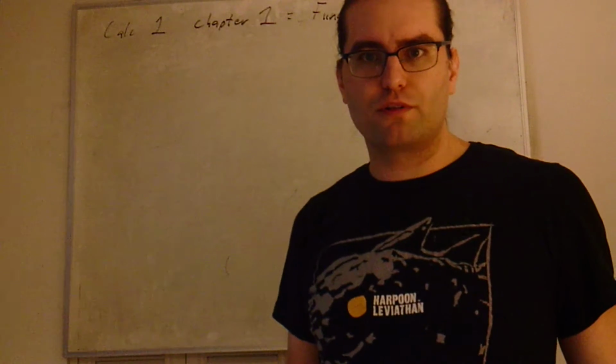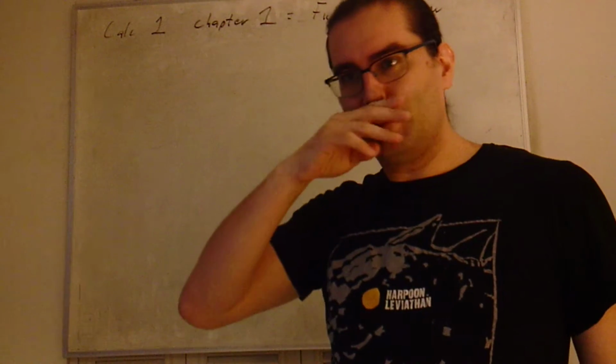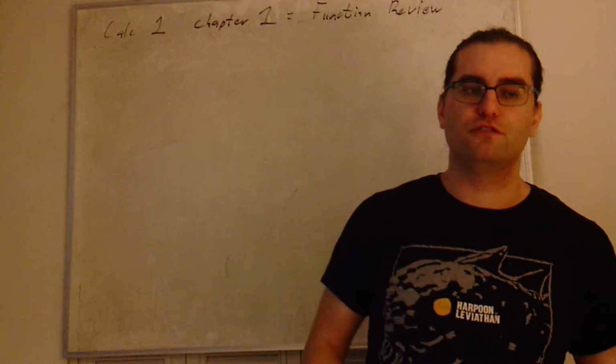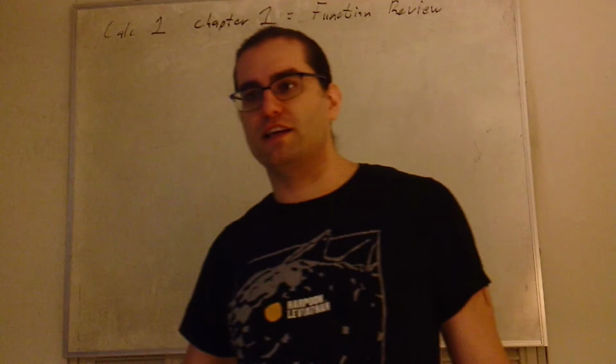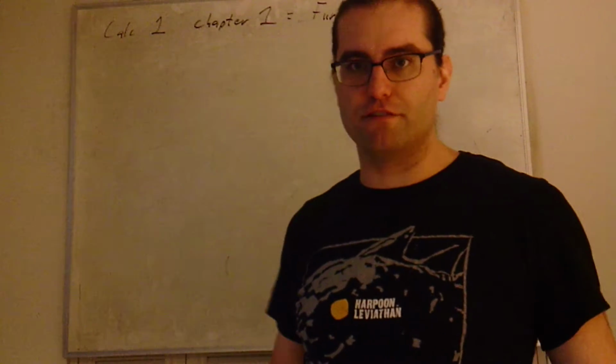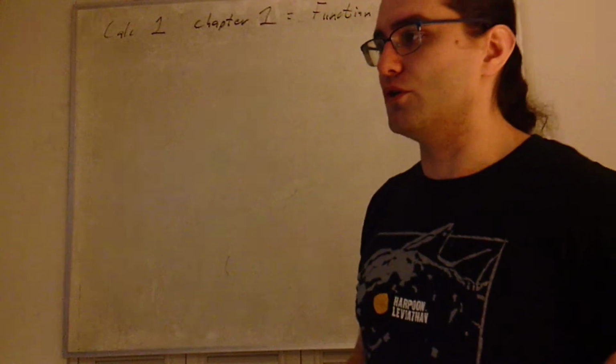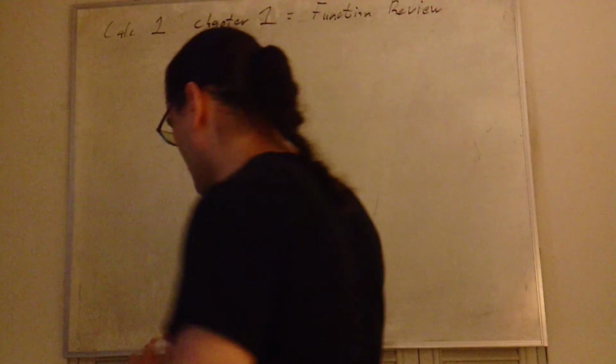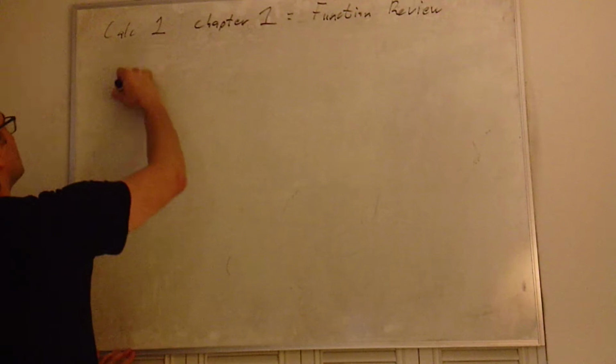Same with a logarithmic function. If you see a logarithmic function, you should know approximately how that behaves. That's just the baseline expectation I have of you going into calculus. So we're going to start off with doing a review of a bit of that. And we'll start with polynomials.